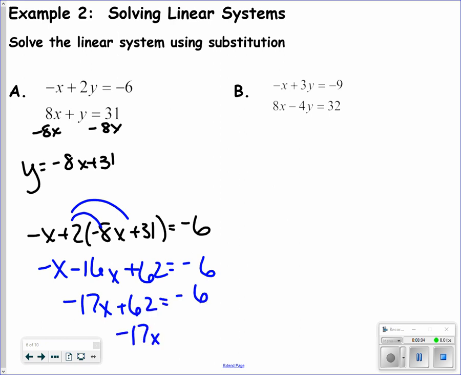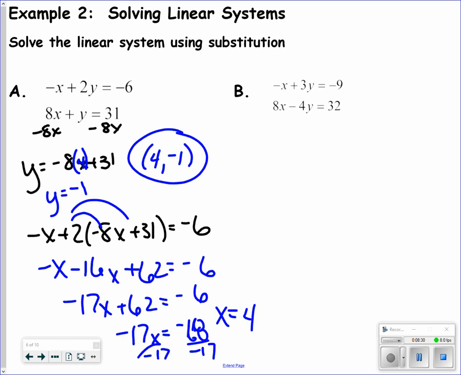Subtract 62, negative 68, divide by negative 17, x would equal 4. Now I take that, remember that's half your answer. I'm going to put 4 now instead of the x and find out what y would equal. So negative 8 times 4 is negative 32 plus 31. So the answer to this question is 4 for x and negative 1 for y.